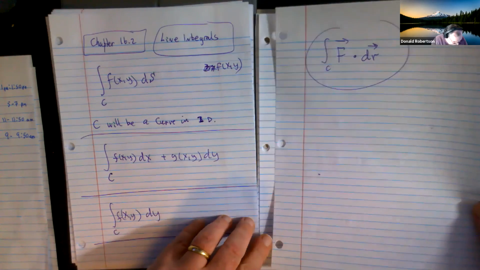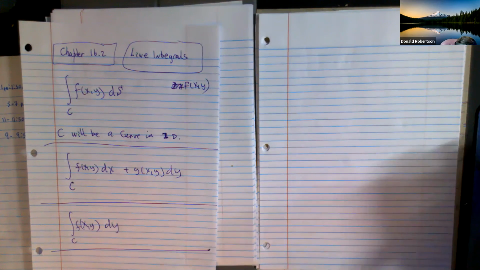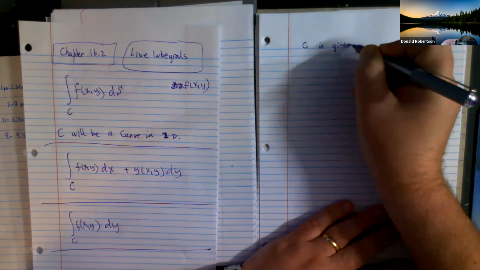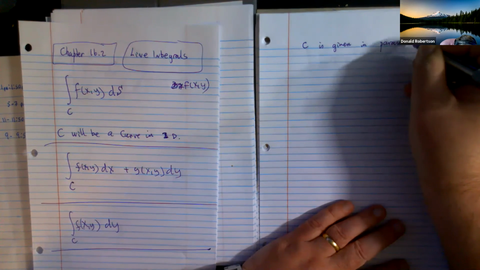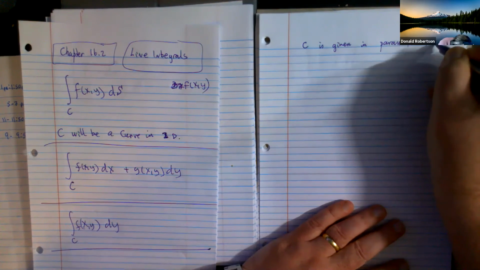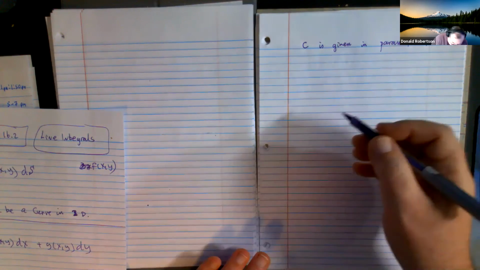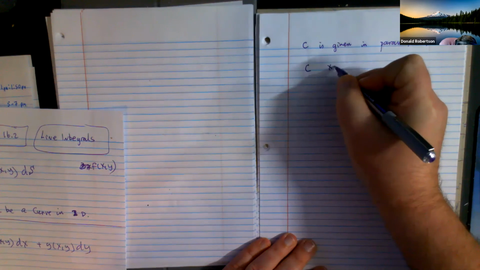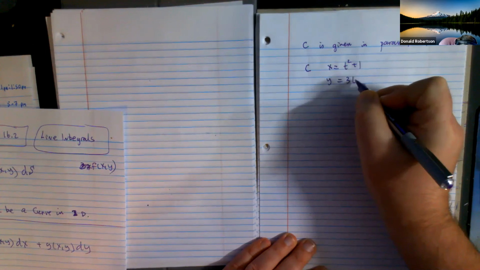So let's pick a version where C is given in parametric form. A very common way of describing C, you can describe C like this. Suppose I said C was x equals t squared plus 1 and y equals 3t cubed plus 1.